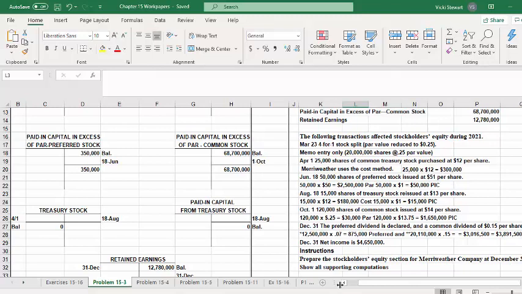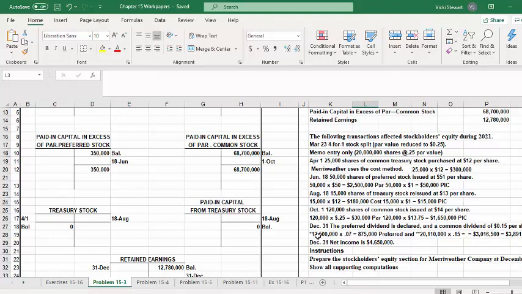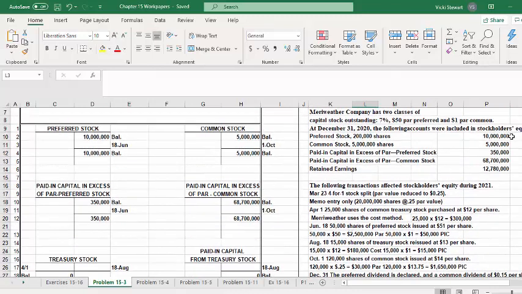So what I have done is I have T accounts for each of the stockholders' equity accounts with the beginning balances listed for each one of them, and then we're going to go through and analyze each one of the transactions that occurred during 2021 to post those to the stockholders' equity account so that we'll have the correct ending balances to do the statement of stockholders' equity.